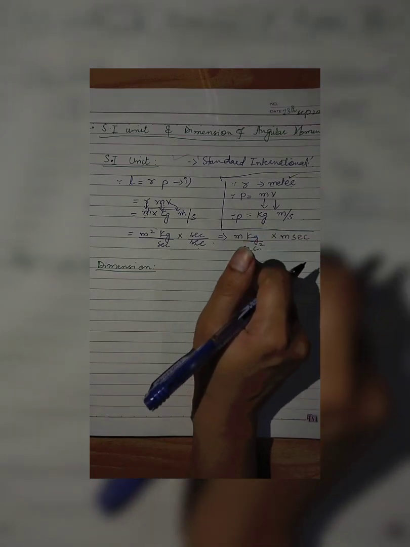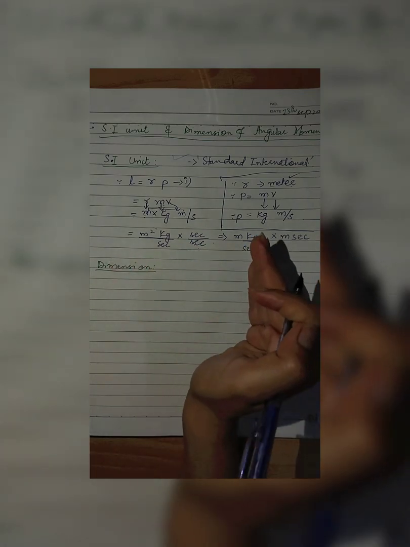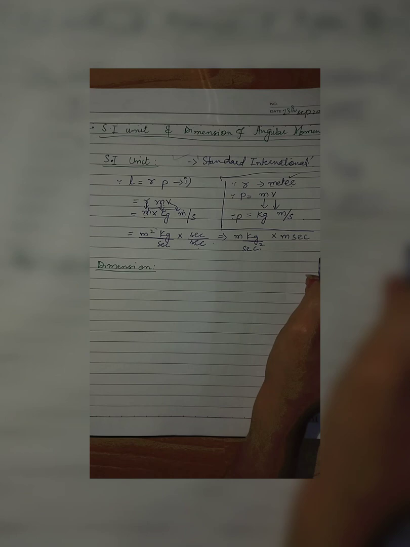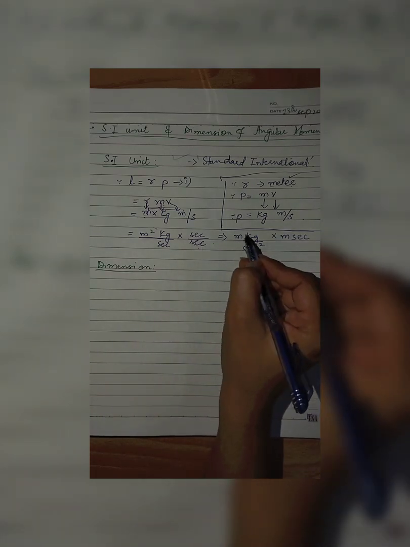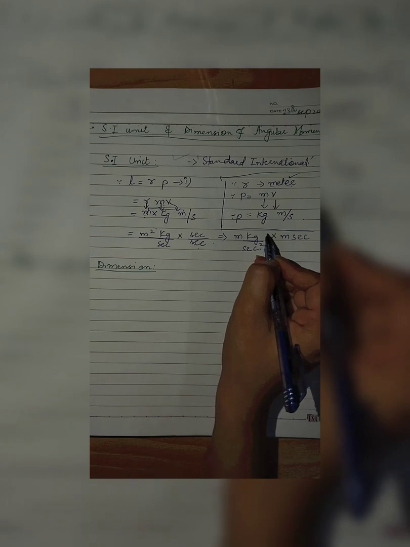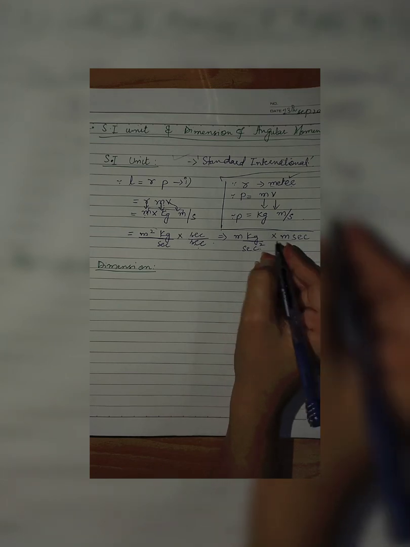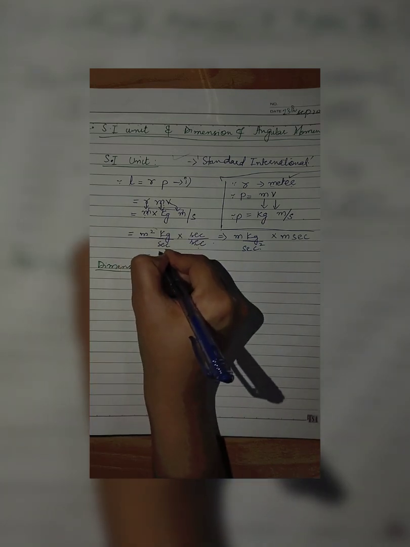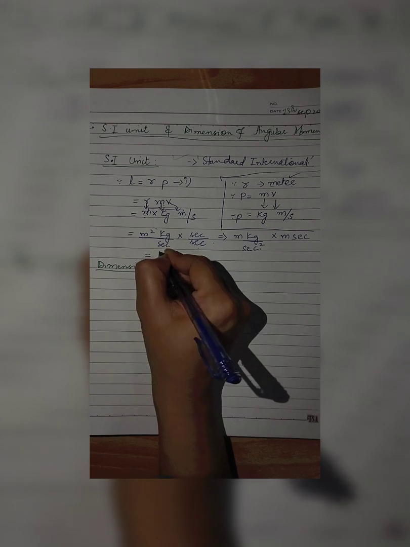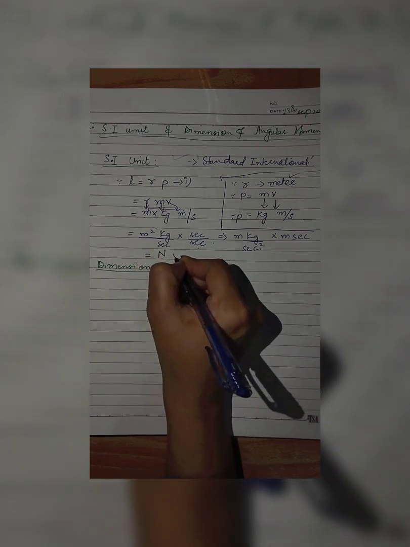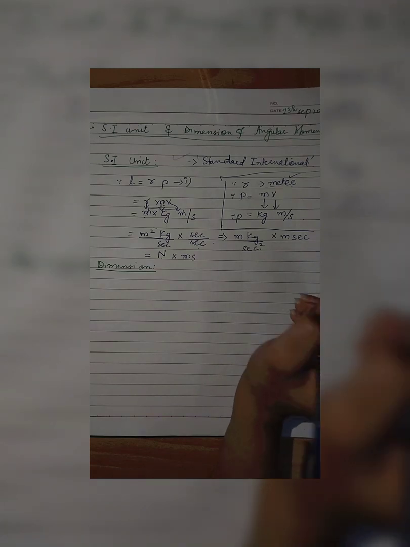We are going to simplify it more, and for simplification we do this process. We know that meter kilogram per second square is equal to Newton. We write it as capital N, and meter second remains like this.